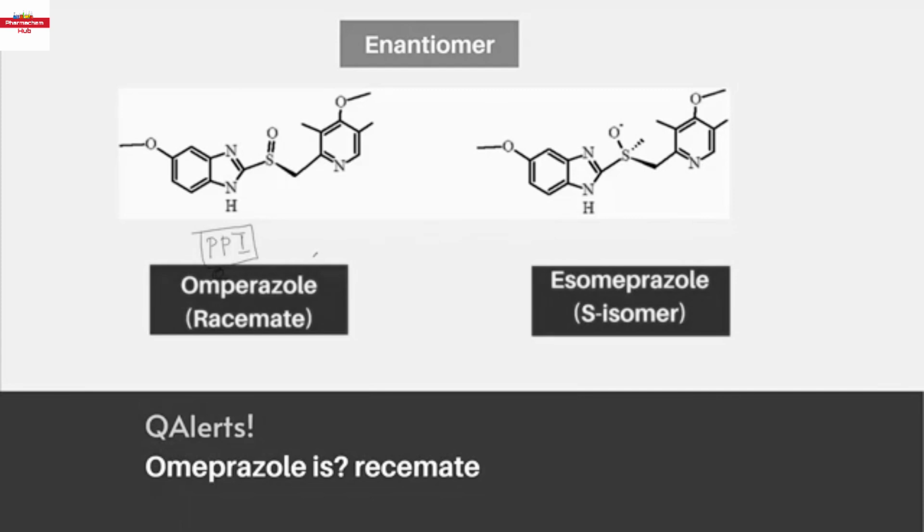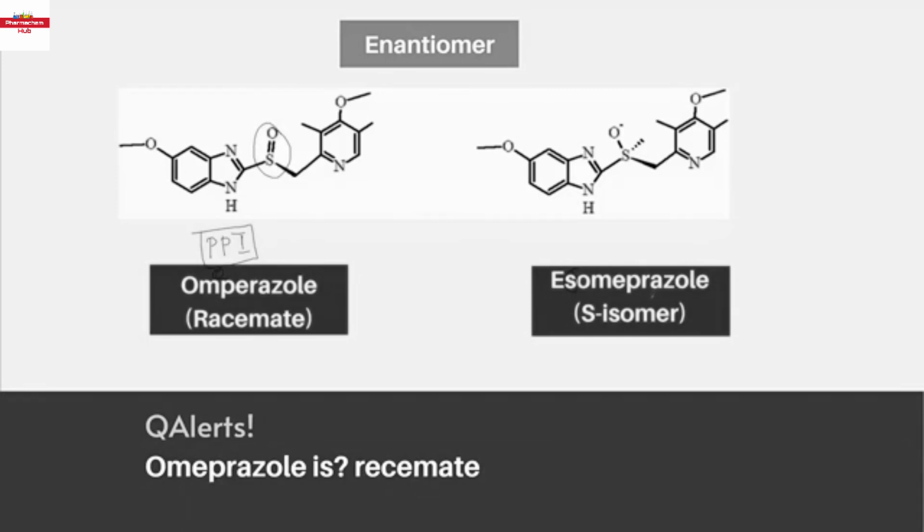Of these proton pump inhibitors there are two popular ones. Omeprazole has a sulfur group here, and this sulfur makes the enantiomers, and there is another product called S-omeprazole, the S isomer of omeprazole. Both of them are available in the market.